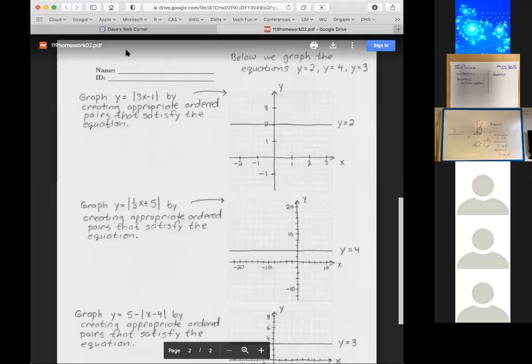Okay, so you want to say, but how do you draw those absolute value graphs? So let me go back to my webpage, and you can find the video where I describe that, but I'll just show it to you where you find it.